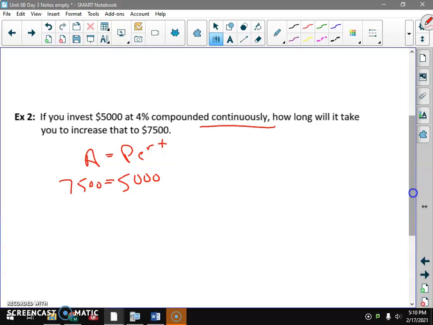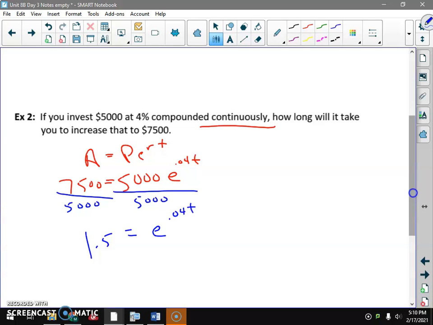This is what I want. e, I don't know the time, but I do know the rate, 0.04t. And I have to solve that equation. That should look identical to what we just did. Isolate the exponential by dividing off the 5,000. 1.5 equals e to the 0.04t.